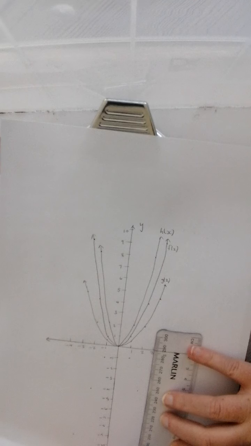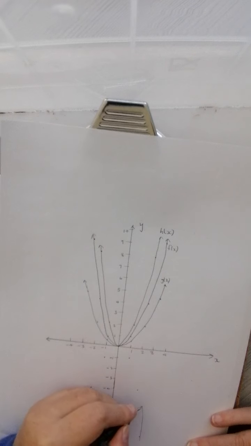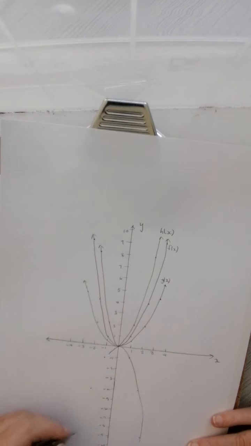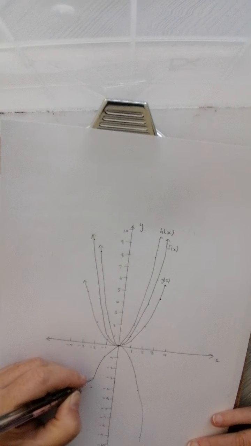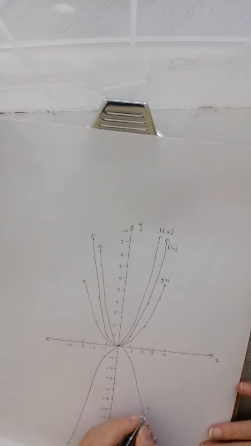And 3 minus 9. Okay, and we sketch this parabola. And this was px.